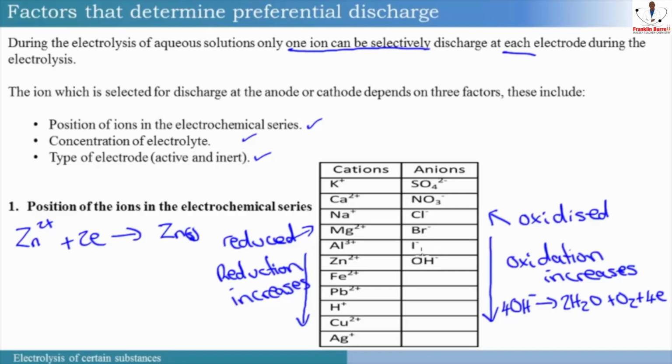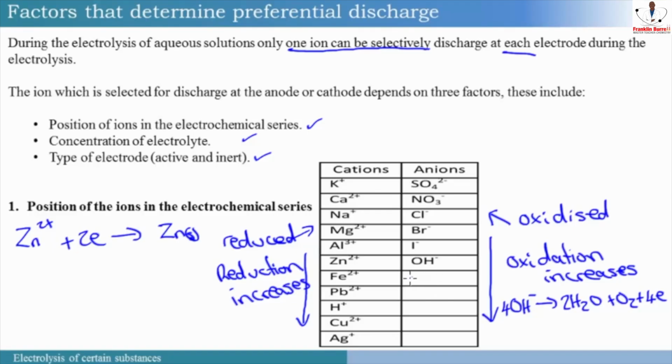So I2 will not come off in preference to OH- if OH- ions are present, because OH- is more easily oxidized. That is, it takes less energy. So simply put, the ones that are lower in the series will be preferentially discharged over the ones above. The greater reason for that is that they are more easily reduced in the case of the cations, and in the case of the anions, they are more easily oxidized.